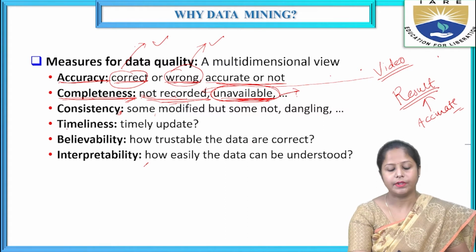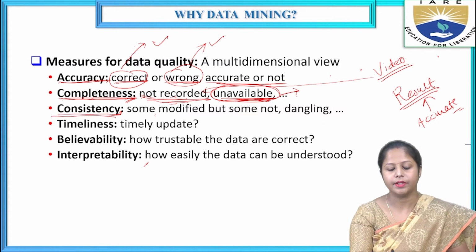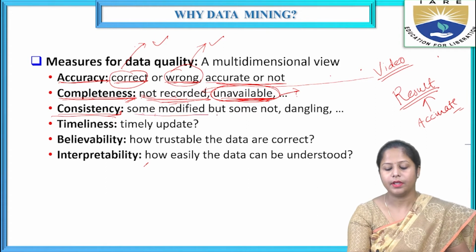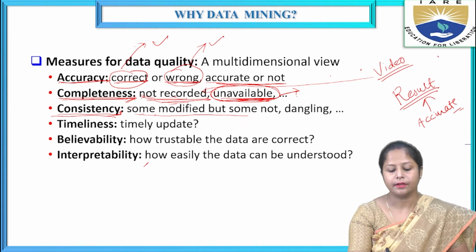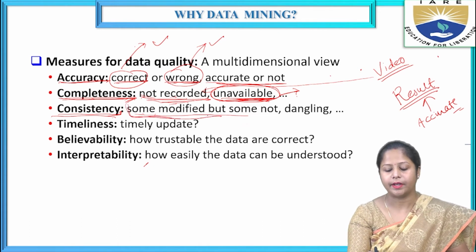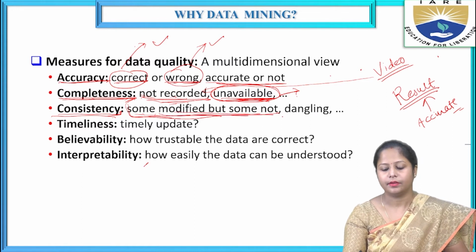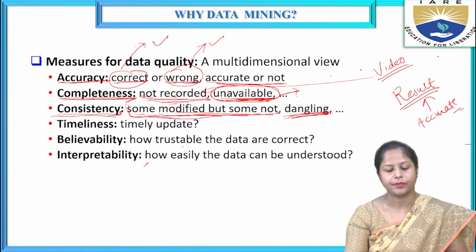Then we will check consistency of the data. If we have modified that data in some way, then we will check whether the data has been modified or not. And dangling data: if there are some changes in the data, that will come into the consistency of the data.